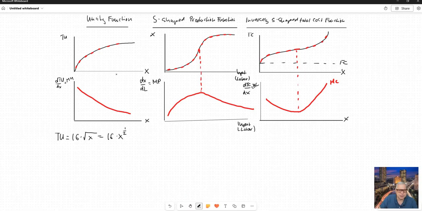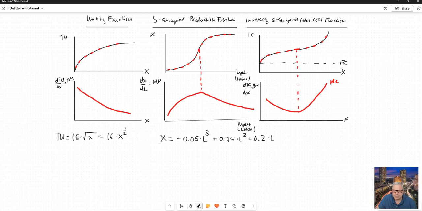So here for the S-shaped production function, we have an example, so output is equal to minus 0.05 times L cubed plus 0.75 times L squared plus 0.2 times L. A function like this, a cubic function, will give you something like the S-shaped curve.